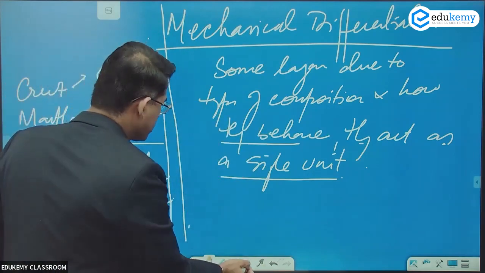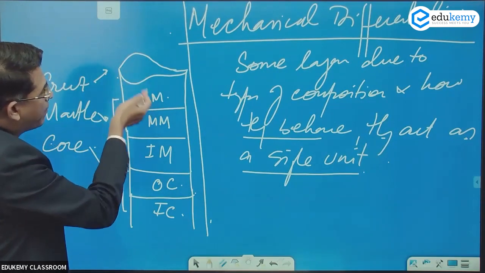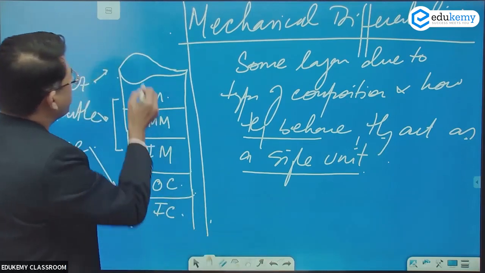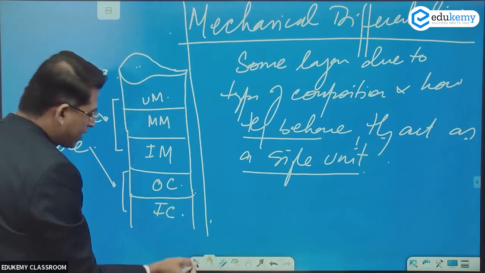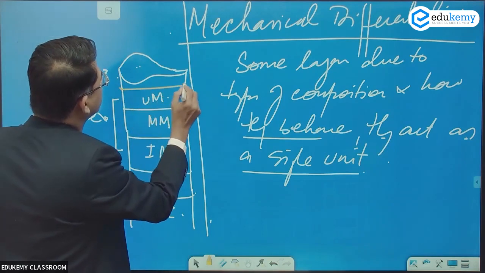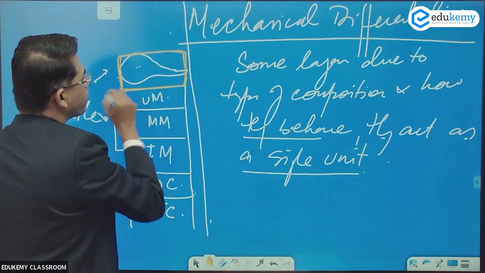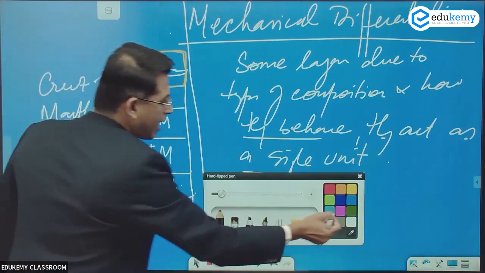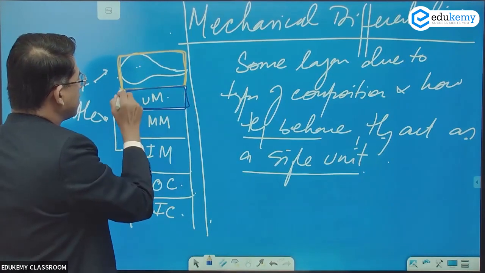So what happens is, even if the crust and the upper mantle are actually different, they are so arranged that the crust and a part of the upper mantle act as 1 single unit. This whole thing acts as 1 single unit. And then this acts as another unit.